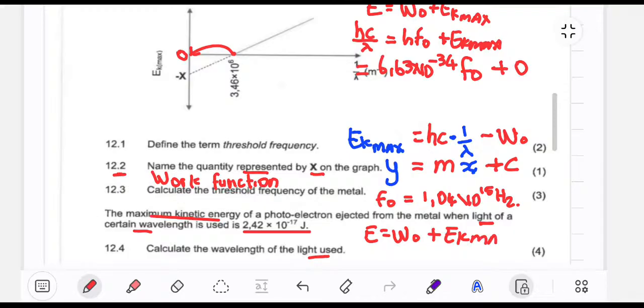You do it step by step. You find this, then you have this, you add them together, you get E. After E, you use the formula E equals HC over lambda.